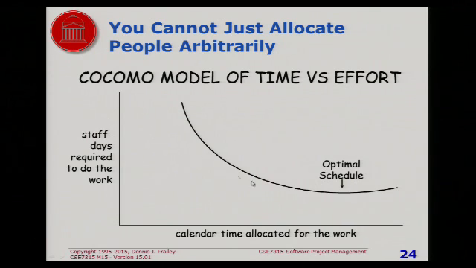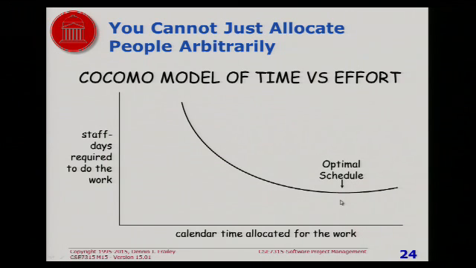And this curve essentially shows that there's an optimum point here. There's a certain length of time that results in the minimum amount of total effort, total work to get the job done. If you take longer, it goes up. If you take shorter, it goes up. If you take too much shorter, it becomes almost infinite.